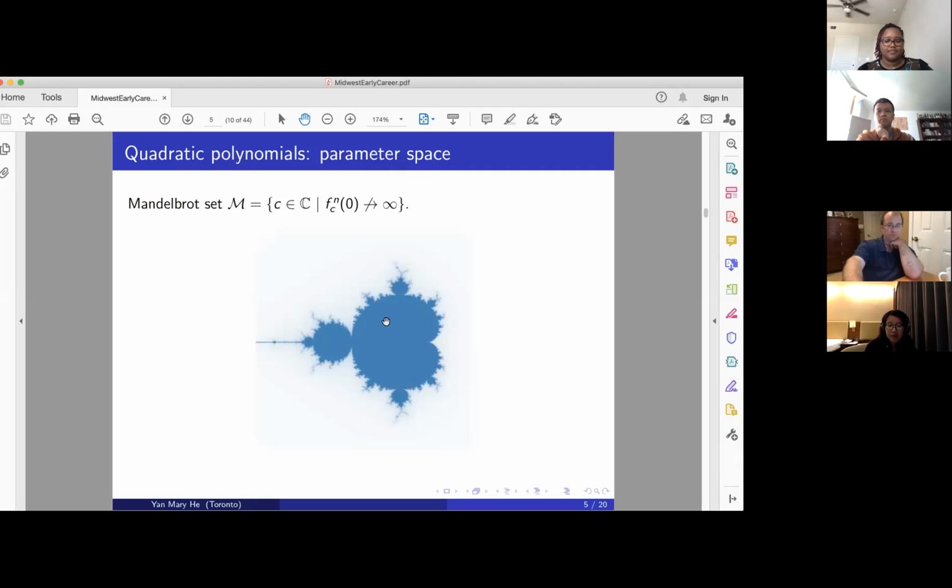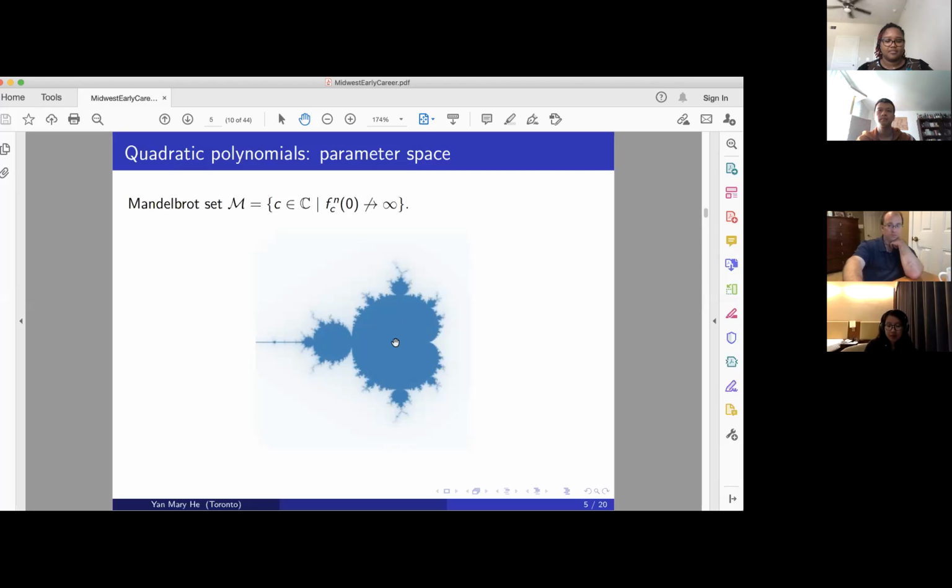So in the picture, the Mandelbrot set is the darker blue region, which is a very delicate fractal object in the complex plane. So if we take c equals 0, like the very first example we saw, c equals 0 lies in the center of the largest blob in the Mandelbrot set.